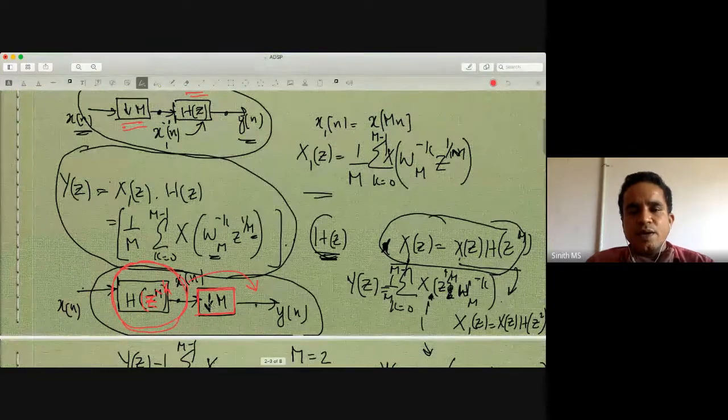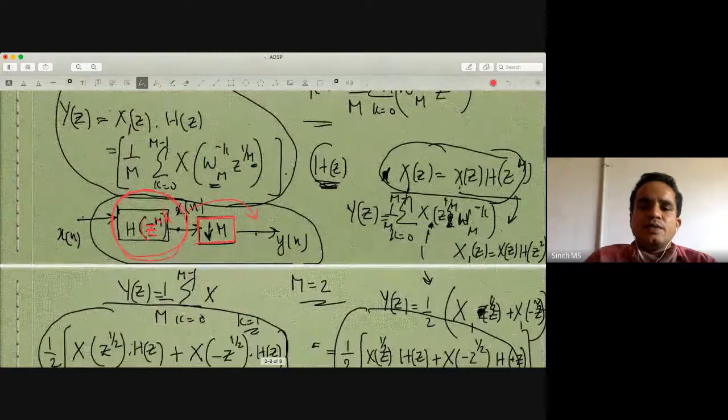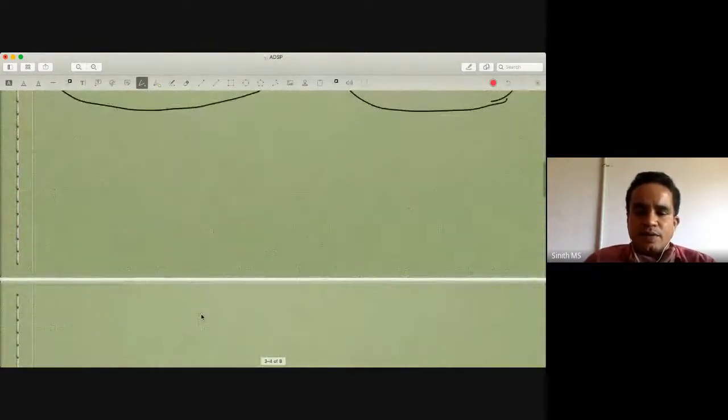So a downsampler followed by H(z) will be same as H(z^M) followed by a downsampler. So this is the identity that we were trying to convey.